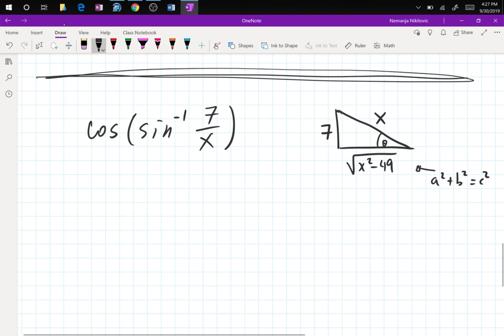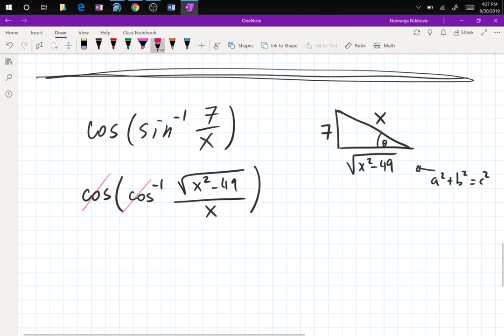Now looking at the triangle, you write the cosine, and that is adjacent divided by hypotenuse, so square root of x squared minus 49 divided by x. So the cosine of inverse sine of 7 over x equals square root of x squared minus 49 divided by x. So that's the answer.